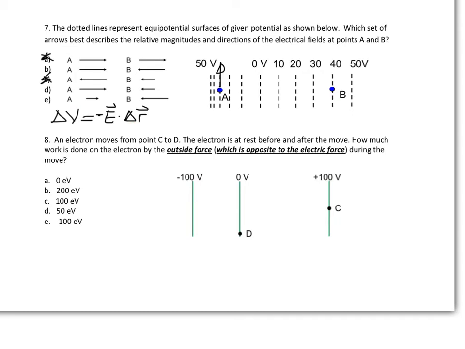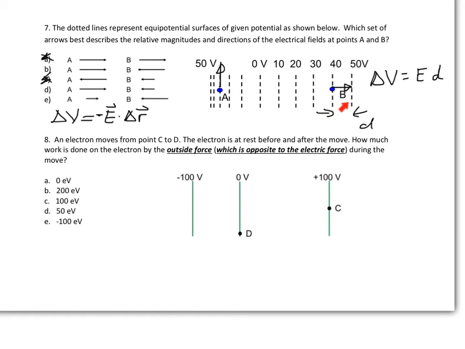But if you were to choose, say, a delta R, let's choose one over here, parallel to the electric field, perpendicular from one equipotential to the other, you would get a simple relationship. In this case, you would get your delta V equals E times D, where D now is the spacing between the equipotential surfaces, right?